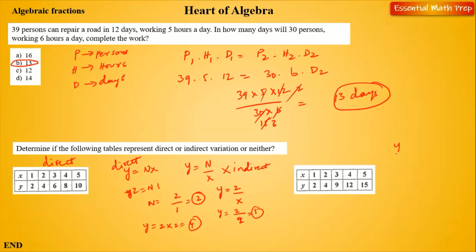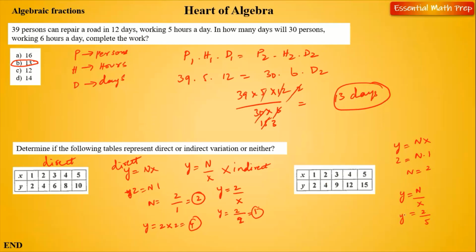Similarly, y equals n over x or nx, it doesn't matter. When you're trying to determine the value of n, it didn't matter how you write it. So y equals 2, n times 1, n equals, again, 2. So you can apply it in the indirect variation method. So pick any value of your choice for x. So we know n is 2, and x is, I guess, 5, if that makes any sense.